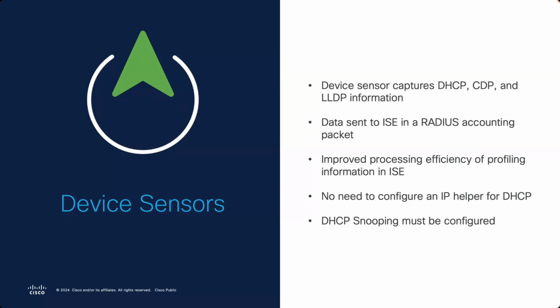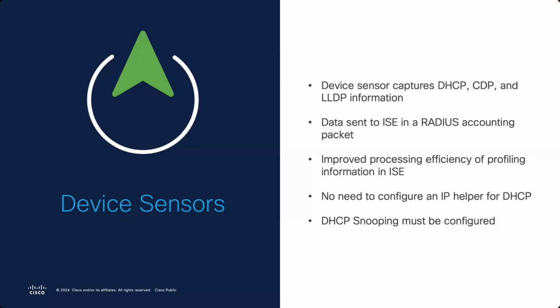And if you do the device sensor for DHCP, you don't have to put an IP helper address on every SVI and point it to one of the ISE PSNs. So you get the bonus feature of not having to send DHCP requests to your ISE server, and it's guaranteed that the profiling data, the DHCP information, goes to the same PSN where the authentication occurred.